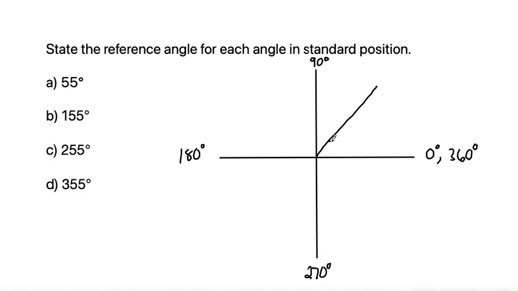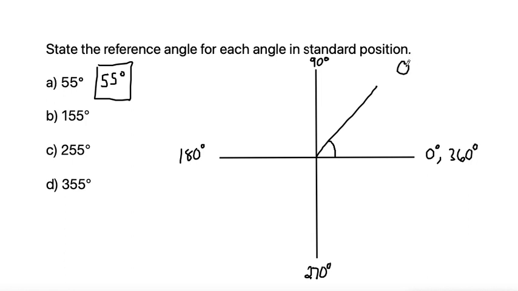So that is this angle right here. Since this angle is 55 degrees from 0, that means that the reference angle for 55 degrees is also 55 degrees. And that's going to be the case for any angle in quadrant 1.